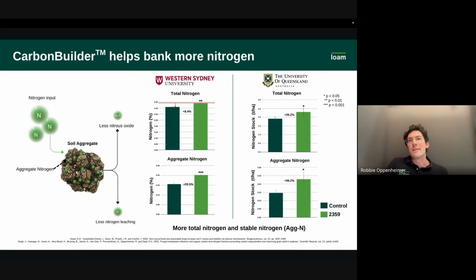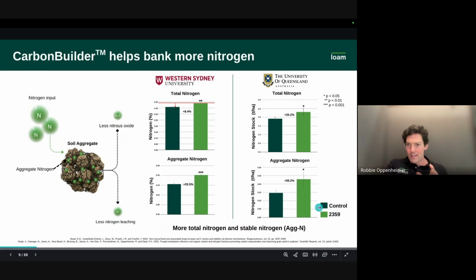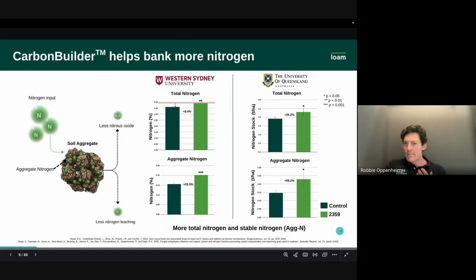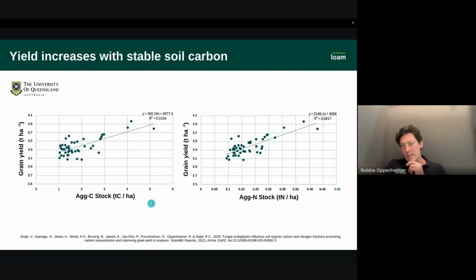One of the questions we've received in the past has been about, okay, this data looks great. If there's more nitrogen in these stable pools, is it less available to plants? Will we actually see a decrease in crop yield because that nitrogen is no longer available to plants? So an interesting analysis, this was the final figure in this Nature Scientific Reports paper from Vijay Singh and colleagues, was this correlation of the carbon inside soil aggregates with grain yield and the nitrogen inside soil aggregates with grain yield.